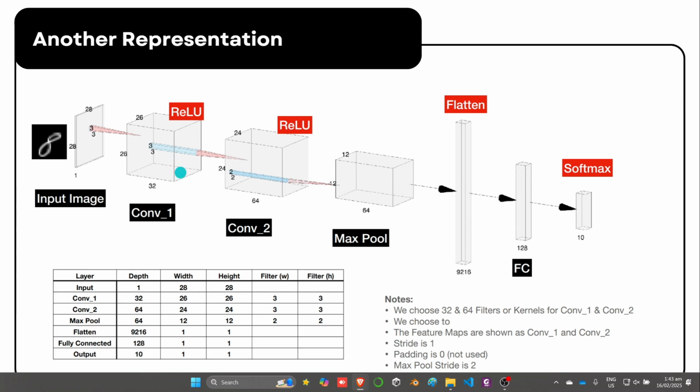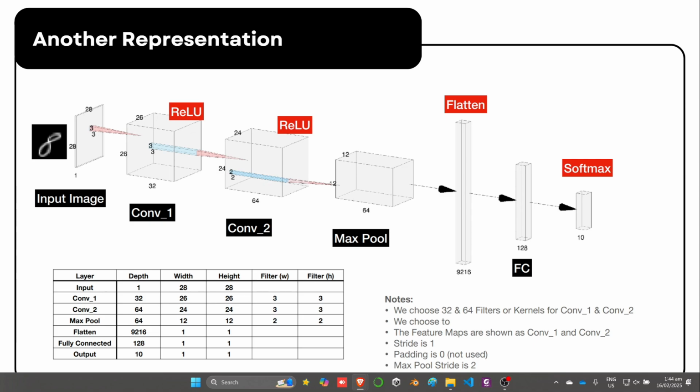Then the second convolutional layer also has a 3 by 3 filter. Again, we have 24 by 24 in this case, and we have a depth of 64.